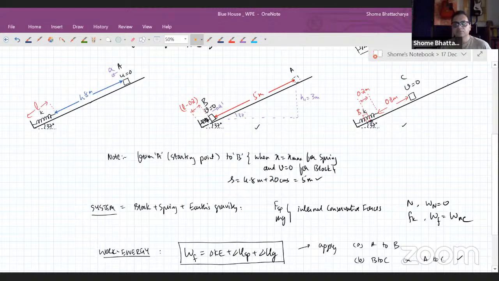And when you apply it from B to C, you'll also have to consider this H2, which will become 0.6 meters because this is again 37 degrees. And from B to C, this is 1 meter.